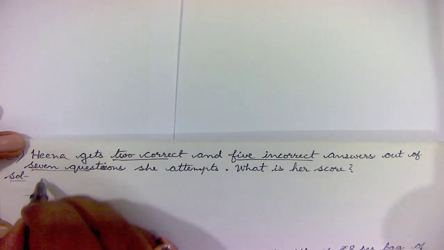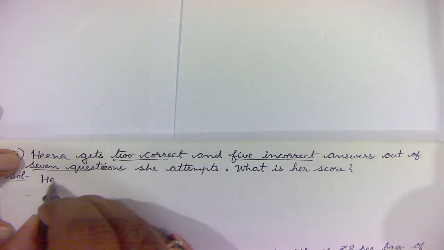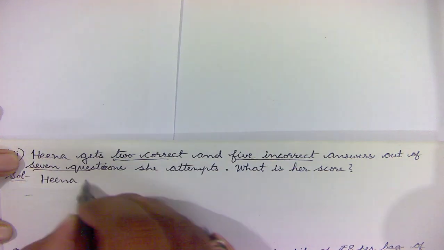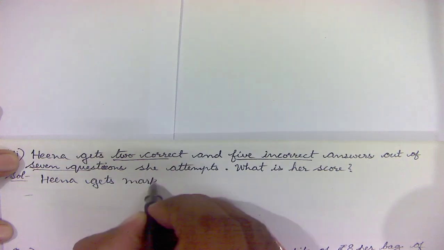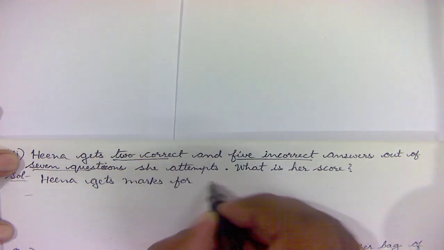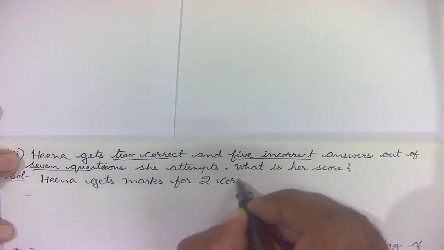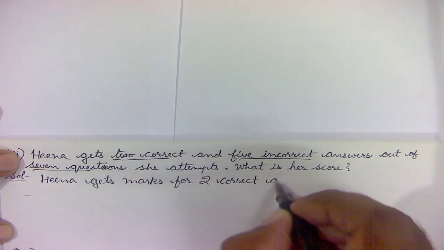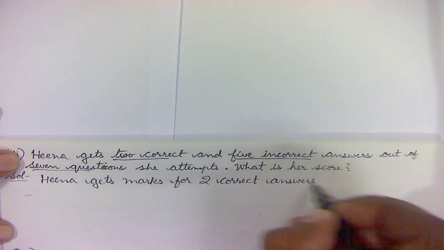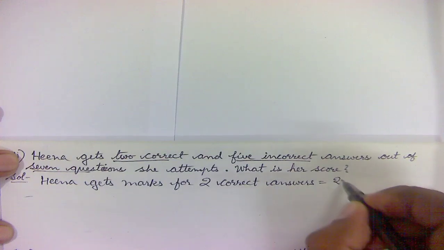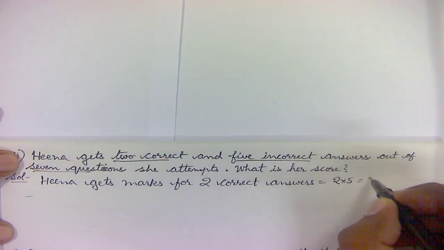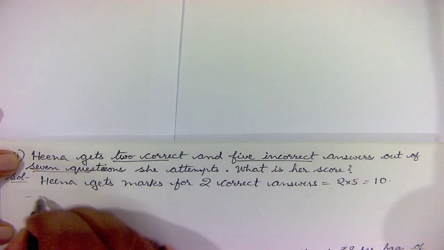So you can just write here, you can write the statement like this also, that Hina gets marks for 2 correct answers. So if it is 2 correct answers, then what will be the score? For 1 correct answer it is 5, so it is 2 multiply 5, 10.